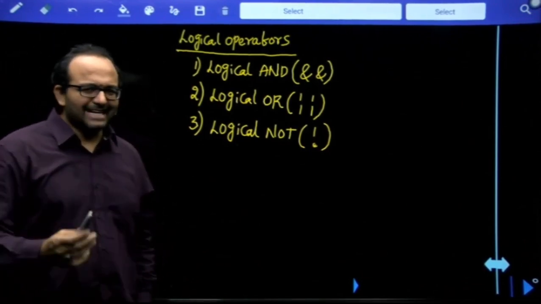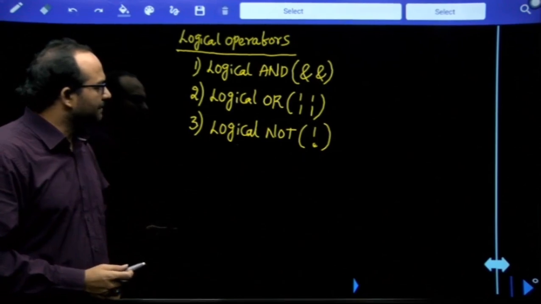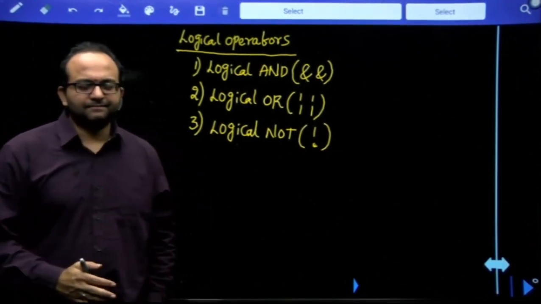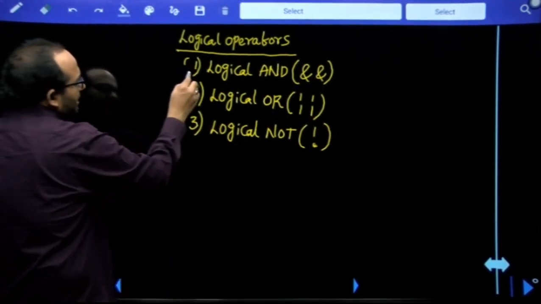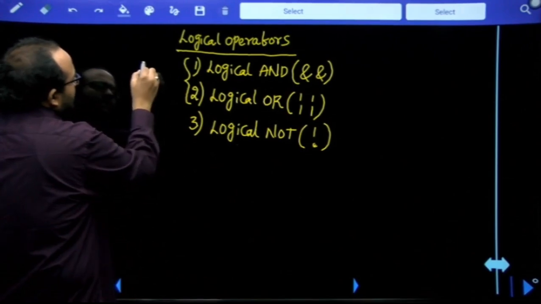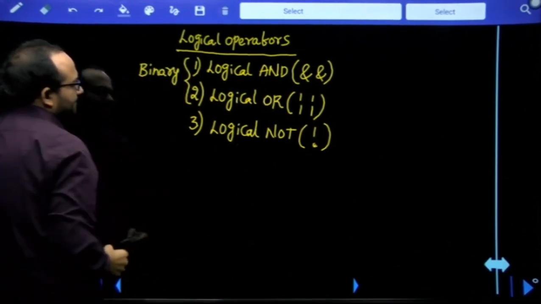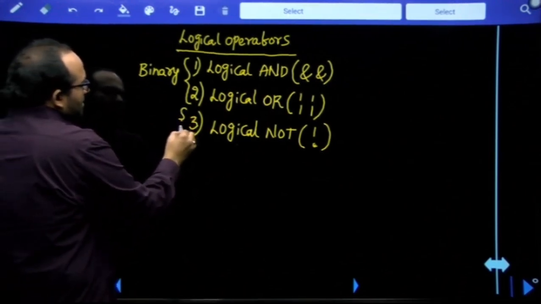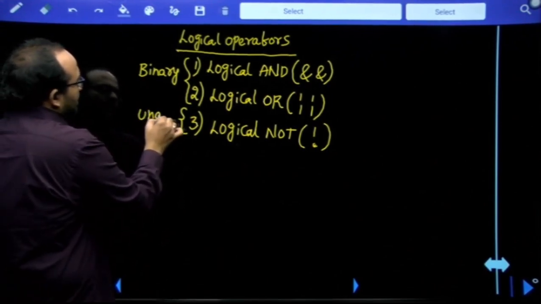So these are the types of logical operators available in C. Okay. So what is meant by logical AND operator? Remember, both these logical AND and logical OR operators are binary operators applied to conditional expressions. These two are binary operators, whereas logical NOT is a unary operator.